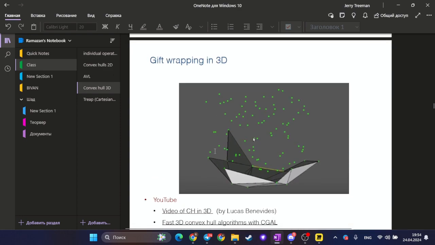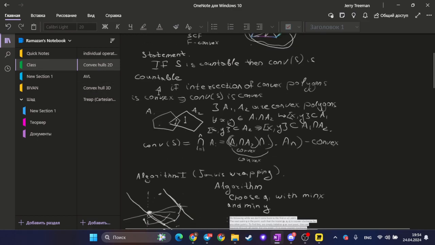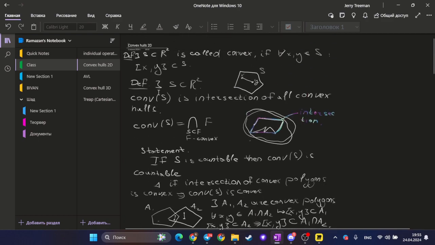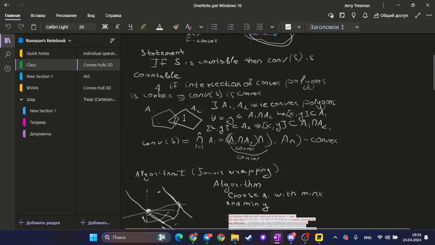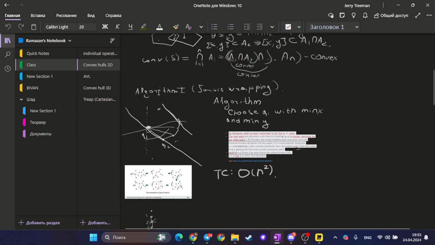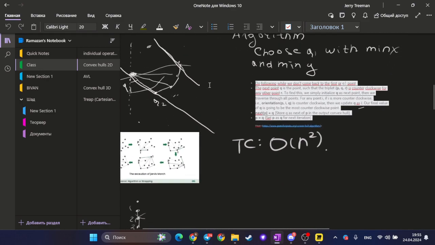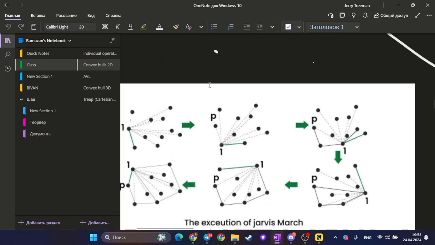So we learned gift wrapping in 2D. Where is it? Gift wrapping, Jarvis wrapping. Here it is.